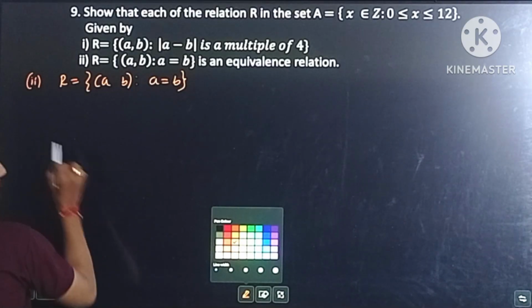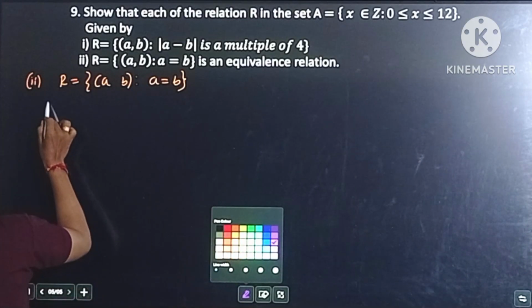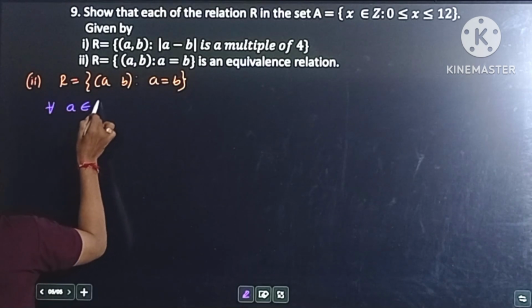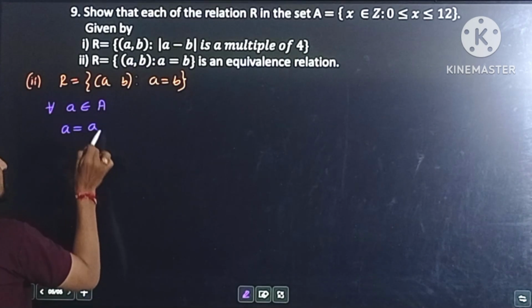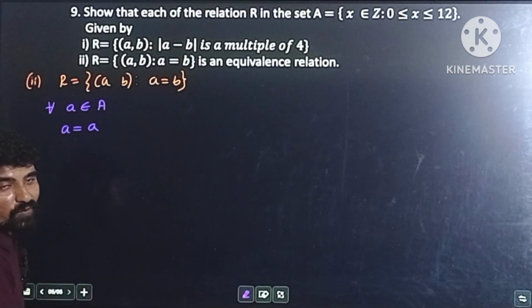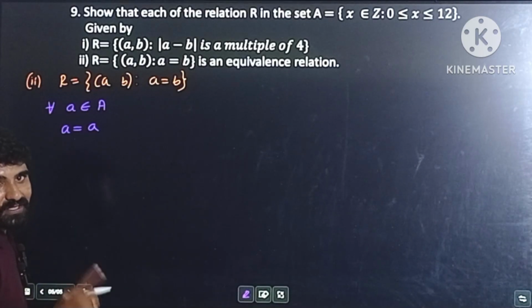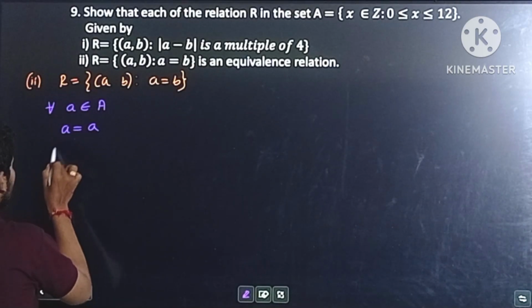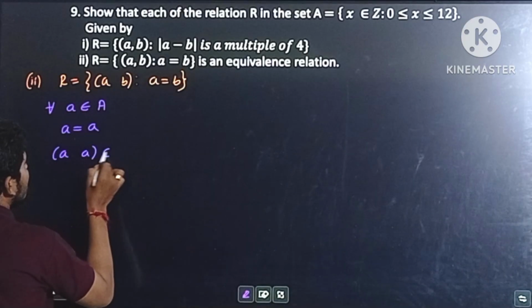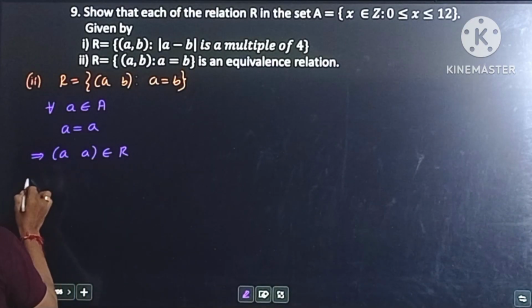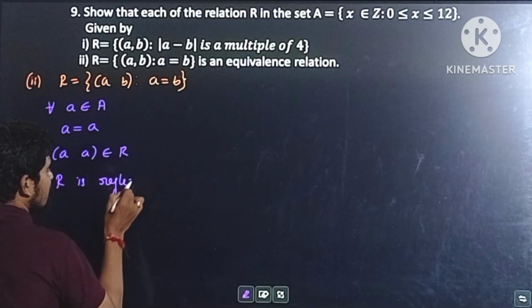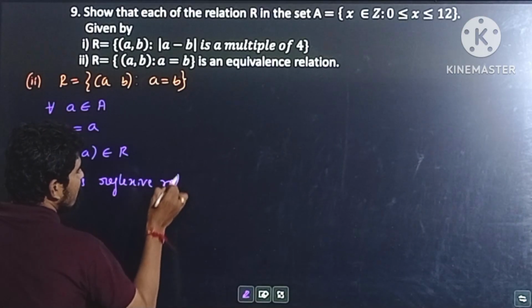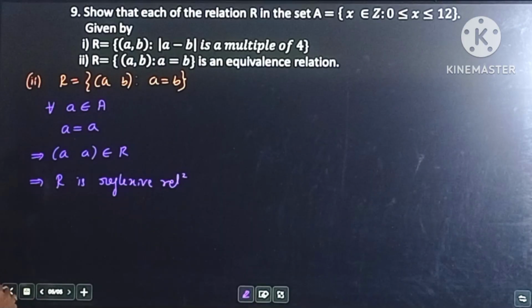So for reflexivity, let us consider for all A belonging to the defined set A. And we know that every element is equal to itself. A equal to A, B equal to B, C equal to C. It means the pair AA belongs to the relation R. So which implies this relation R is a reflexive relation.